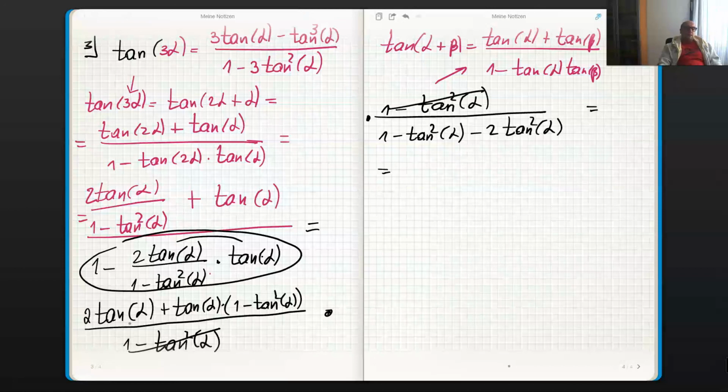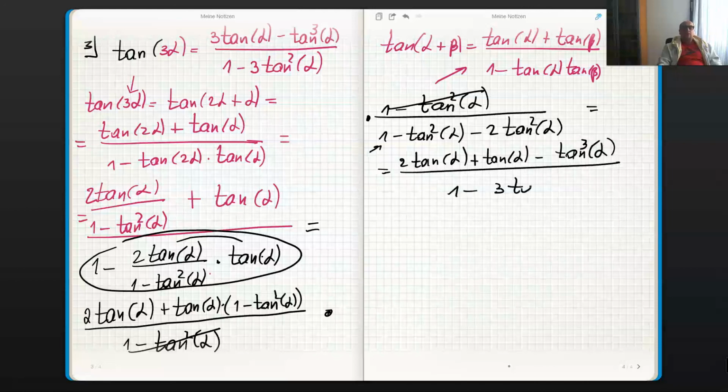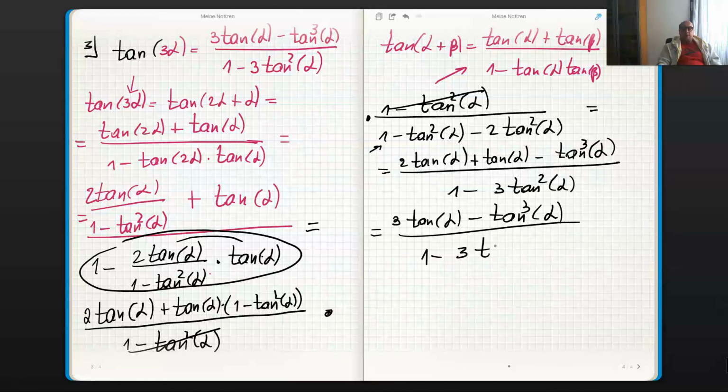And now you see, if we multiply it out, we have 2 tangent of alpha plus one more tangent of alpha minus tangent cubed of alpha, divided over, now only this one is remaining, 1 minus 3 tangent squared of alpha, and you see it's exactly what we want to have. It's 3 tangent alpha minus tangent cubed of alpha divided over 1 minus 3 tangent squared of alpha.